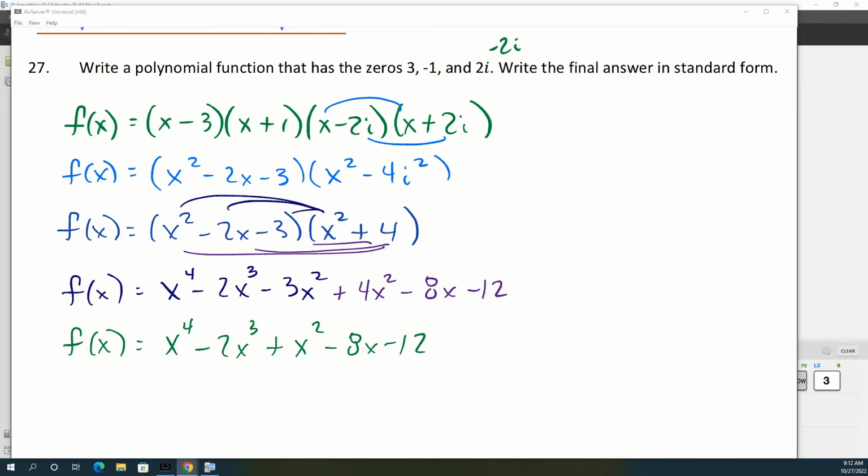Okay, unless I made a mistake somewhere, that should be a function that has those zeros. Yep. So don't forget about the conjugate pairs on that one.